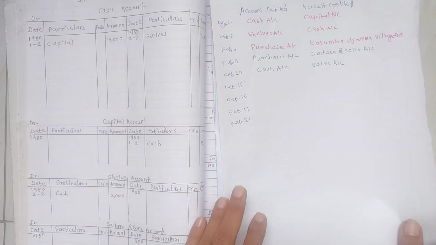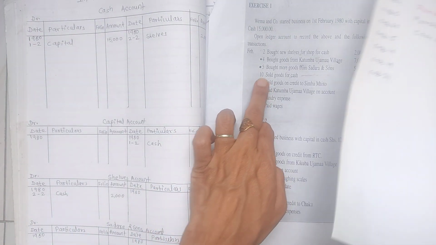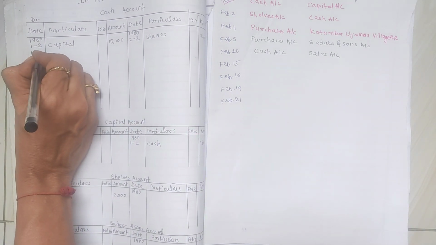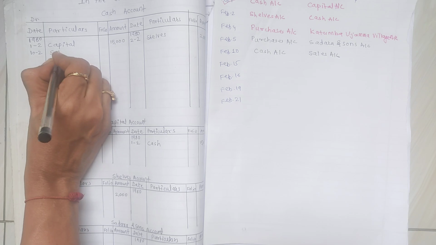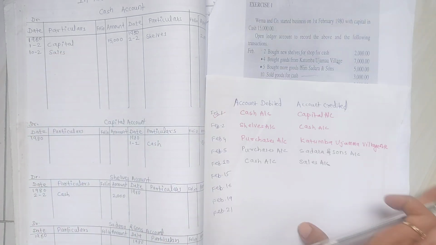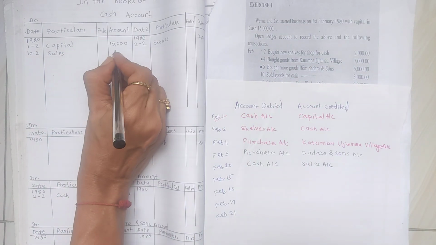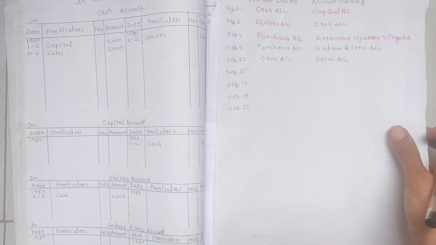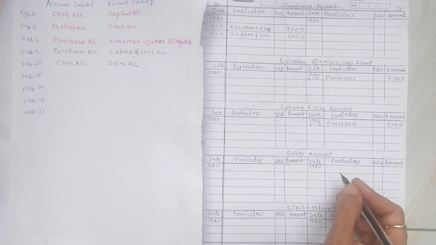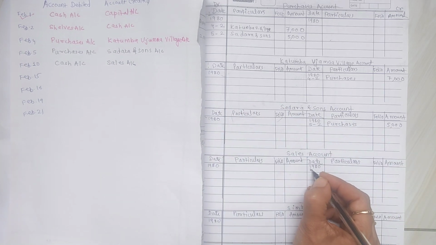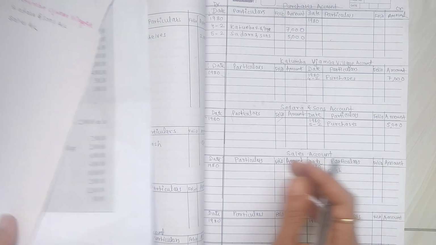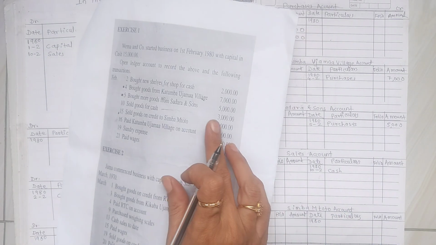So for sold goods for cash, cash account, debit side, 10th February, write down the word sales, amount is 3000, and in the sales account, credit side, write down cash, amount is 3000.